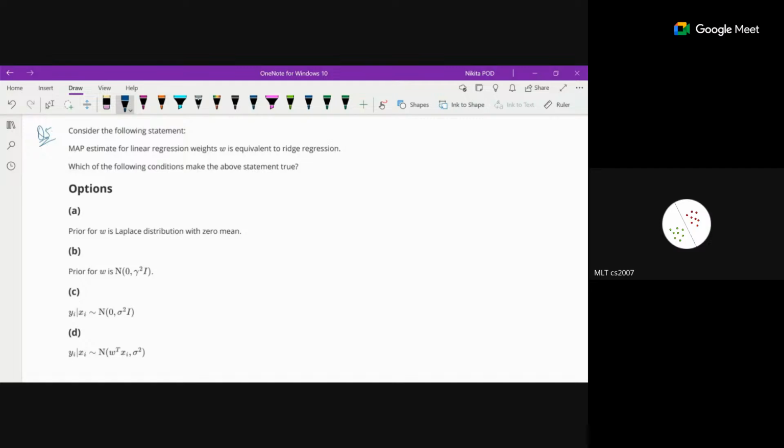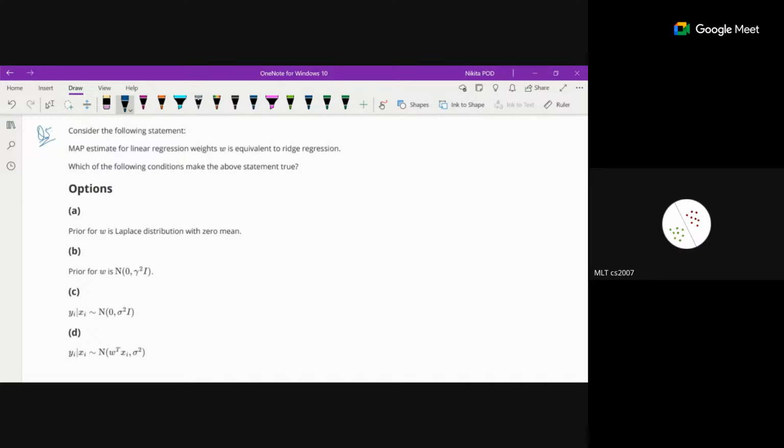Here, what is being said is that the MAP estimate for linear regression weights W is equivalent to ridge regression. We just saw how we can reach the ridge regression estimator.